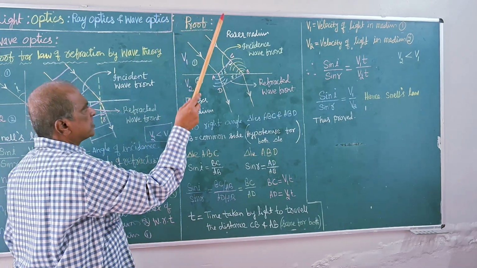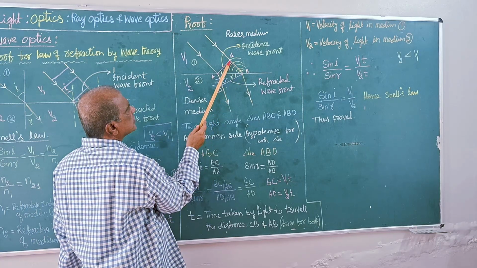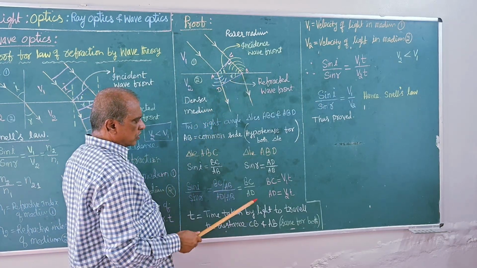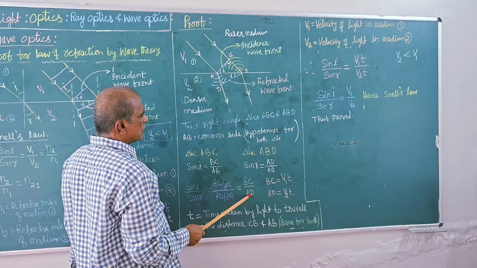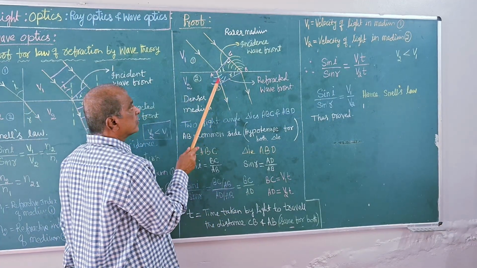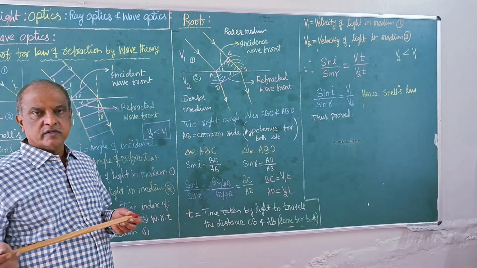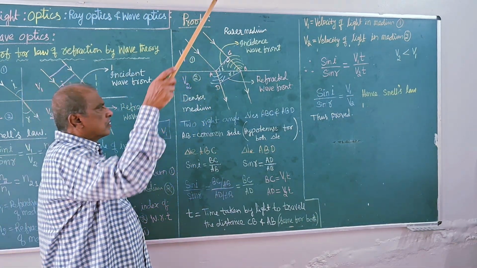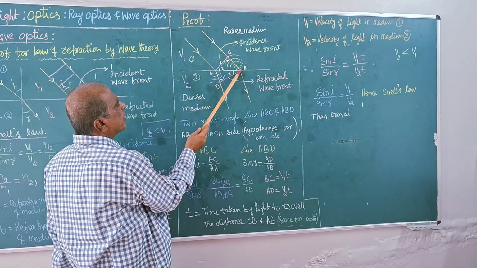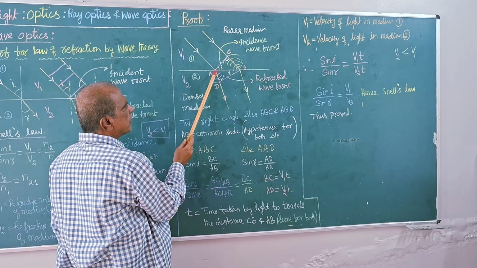What is DC in this diagram? DC is your C to B. It is the distance travelled by light from this point to this point. What is AD? AD is the distance travelled by the light after refraction from A to B. The interesting point is this: the time taken by the light to travel from this point to this point is the same as the time taken from this point to this point.